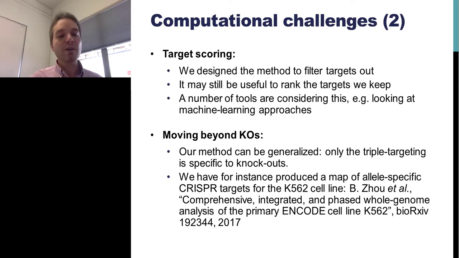And the other thing is that we're moving past knockouts, because in our method, the only thing that's specific to knockout is the triple targeting. All the actual selection steps for the target design can be generalized. For instance, we've worked on producing a map over the whole human genome.